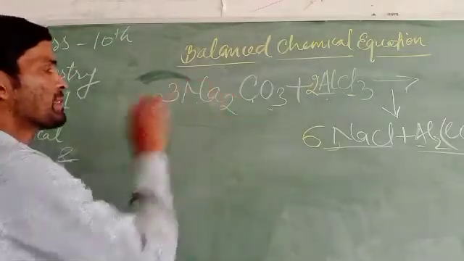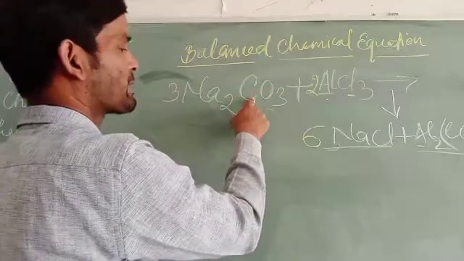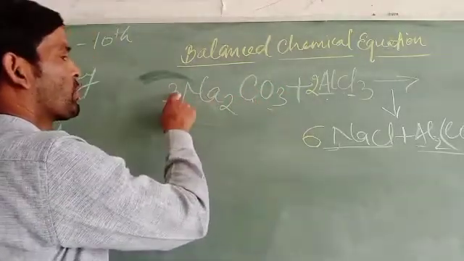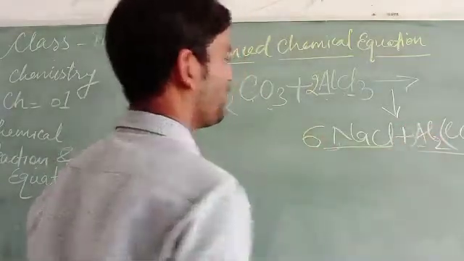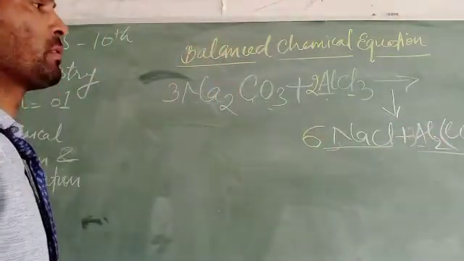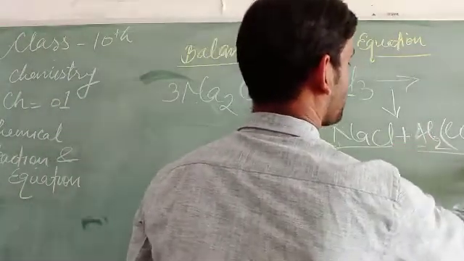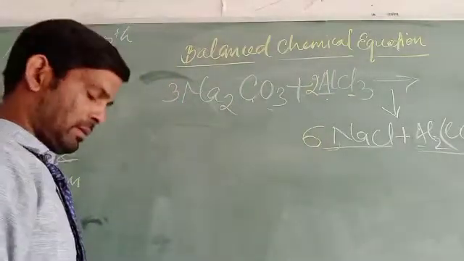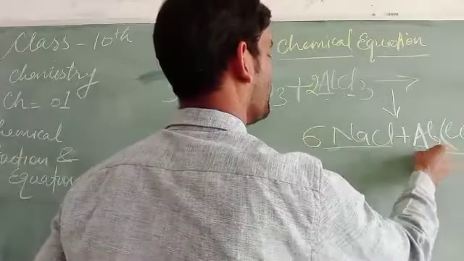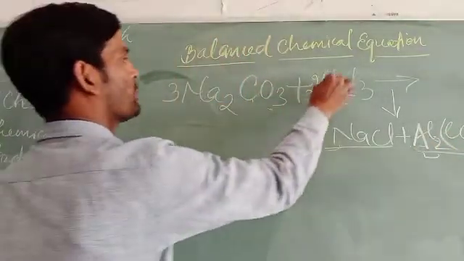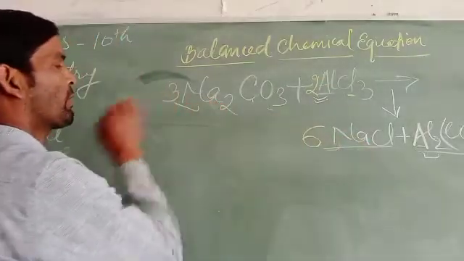3 times 2 is 6 molecules, and here is 1 molecule with 3 molecules of carbonate, so we have to write 3 molecules of carbonate. No, this is not required. Here are 3 molecules of carbonate. So aluminum having 2 molecules, the 2 molecules of aluminum are here. 6 molecules of sodium here.